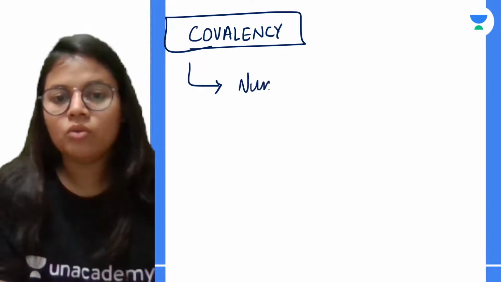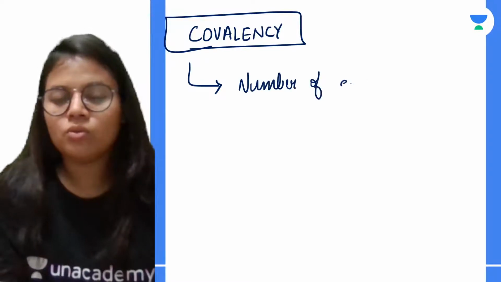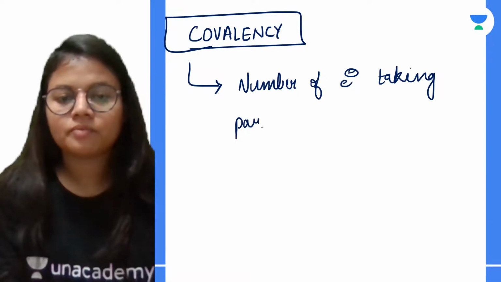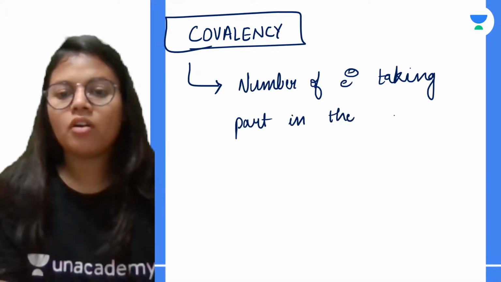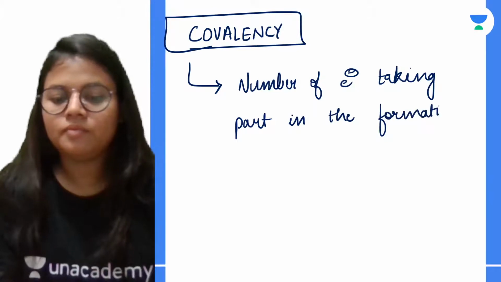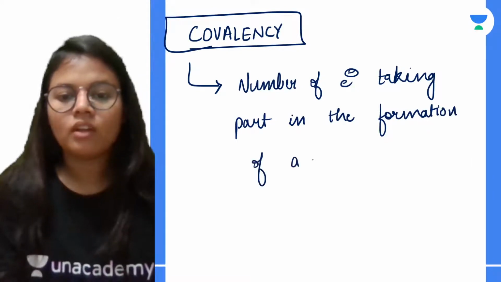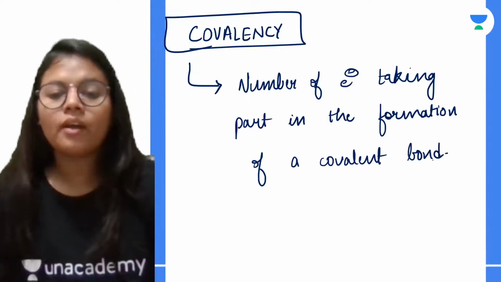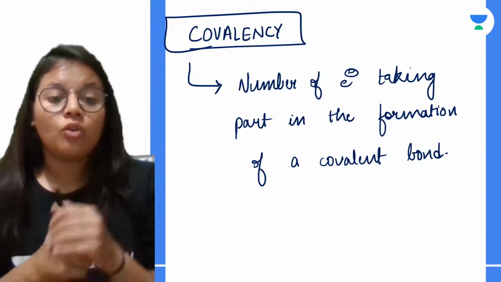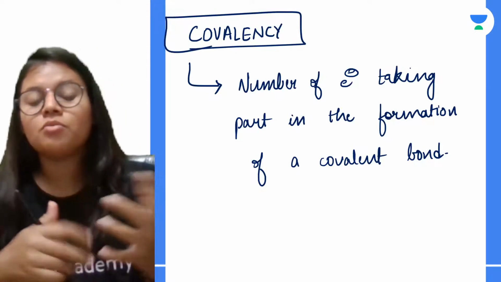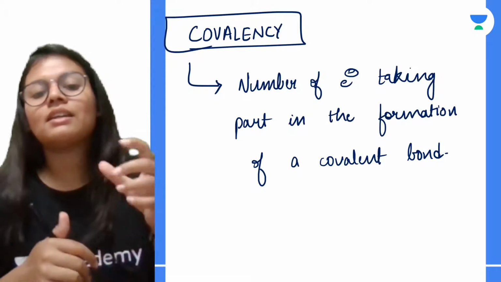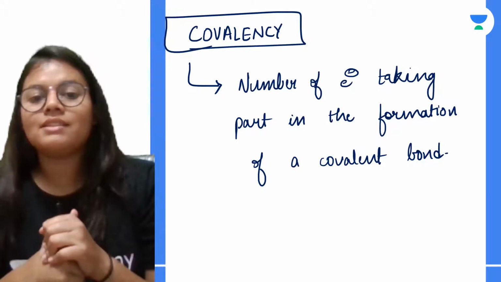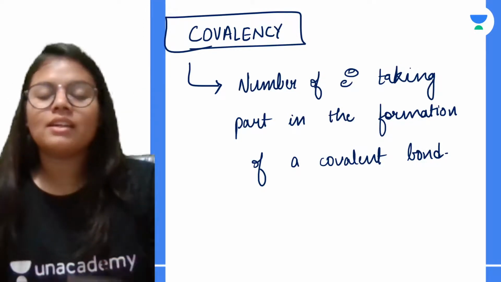It is equal to the number of electrons taking part in the formation of a covalent bond. Okay, तो कितने electrons जो है covalent bond के formation में they are contributing, it is the covalency. जैसे कि hydrogen कितना अपना जो है atom देता है in the formation of covalency, it is 1. So the covalency is 1.